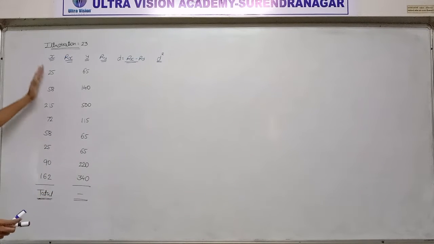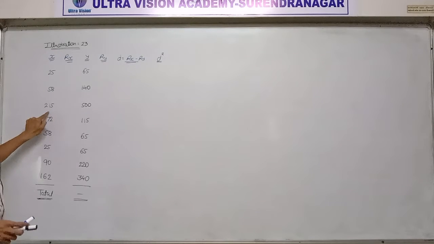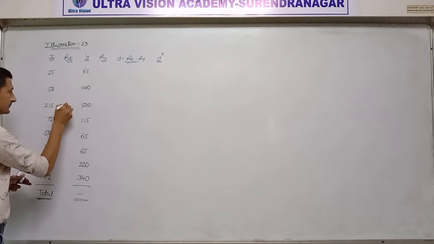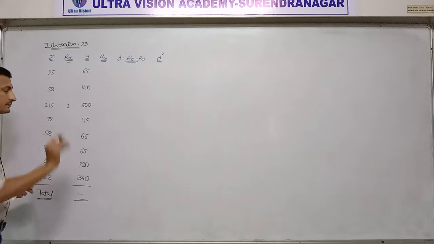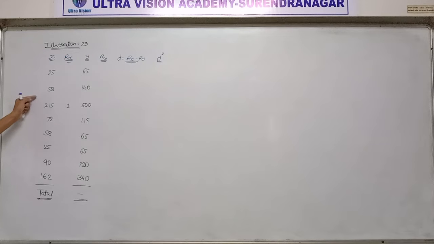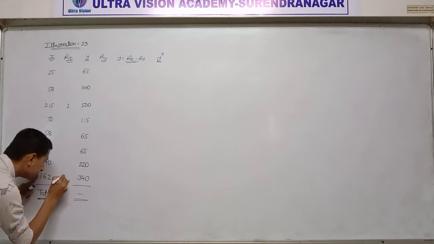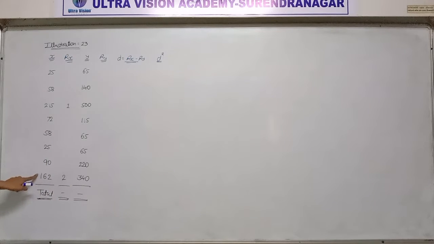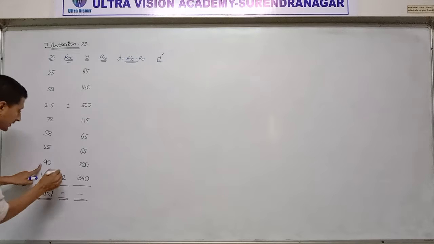Check variable x. The highest value, 250, is the first rank. Next value in decreasing order, 162, is the second rank. Next, 90 is the third rank.